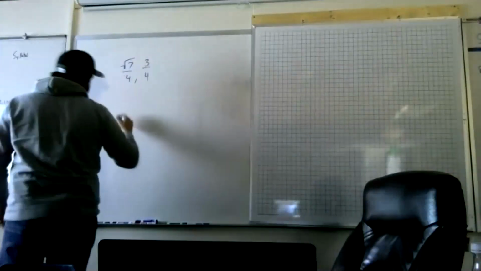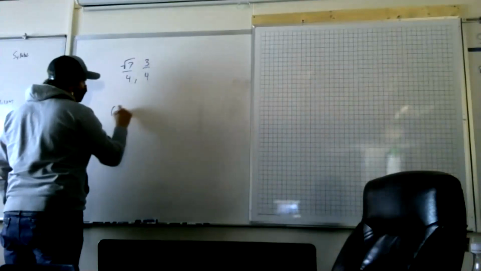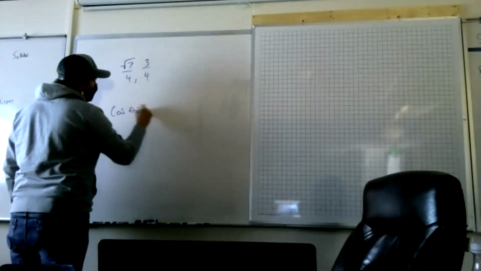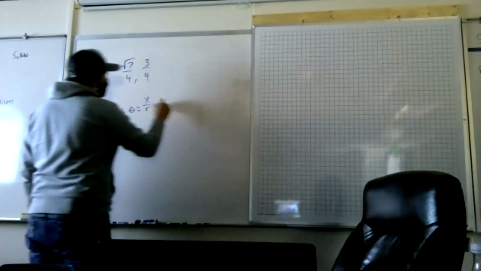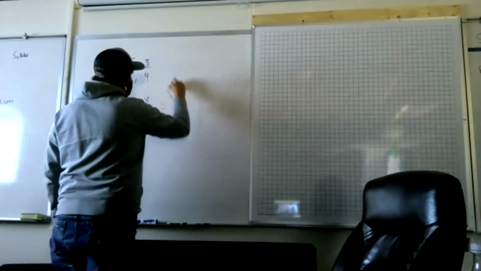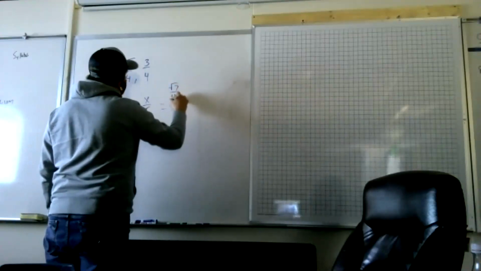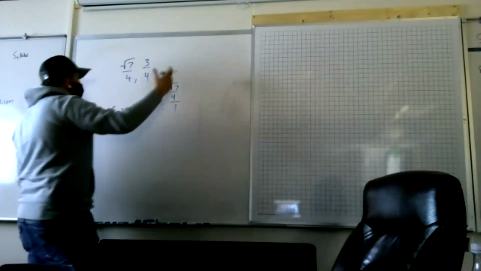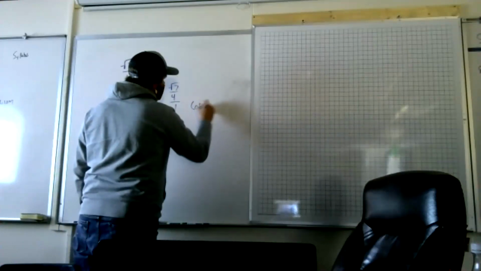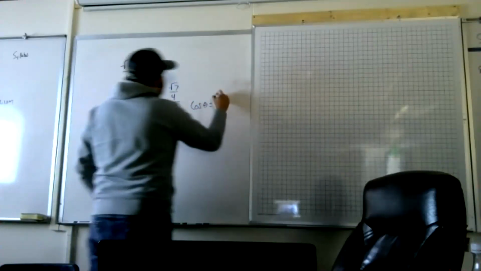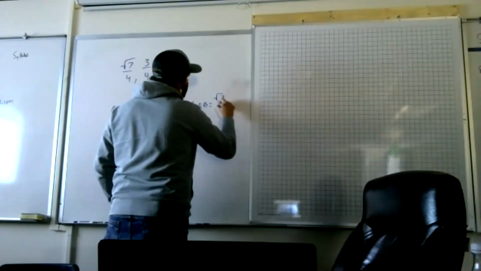So cosine of theta is equal to x over r, which in this case is equal to the square root of 7 over 4 over 1. Anything divided by 1 is just itself. So really, cosine of theta is equal to the square root of 7 over 4.